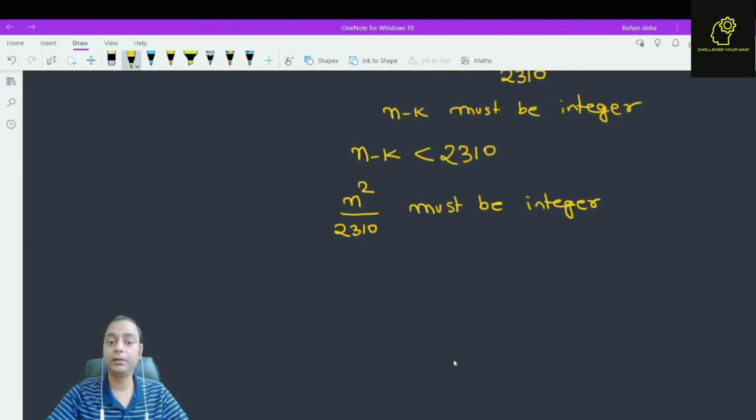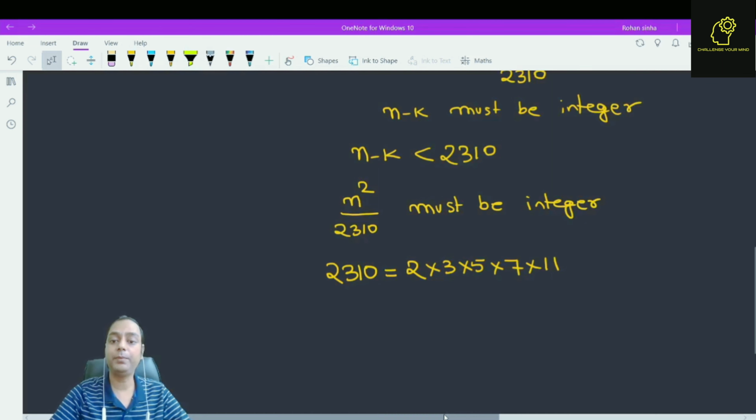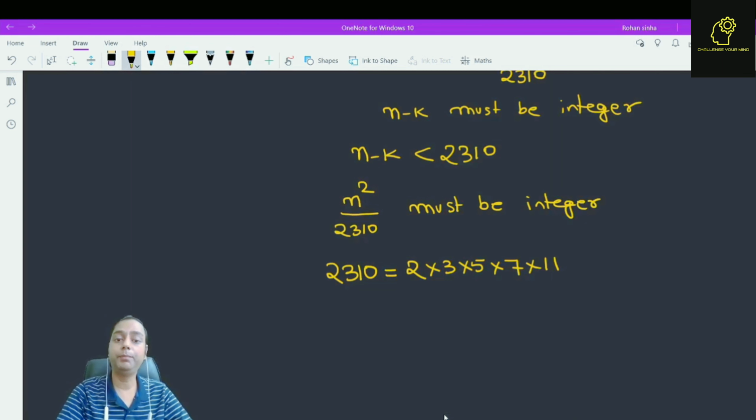If you factorize it by using prime factorization, 2310 is written as 2 into 3 into 5 into 7 into 11. The powers of 2, 3, 5, 7 and 11 are all equal to 1.